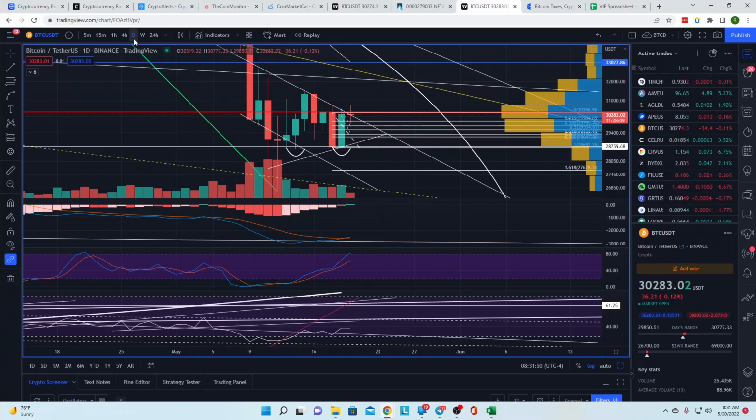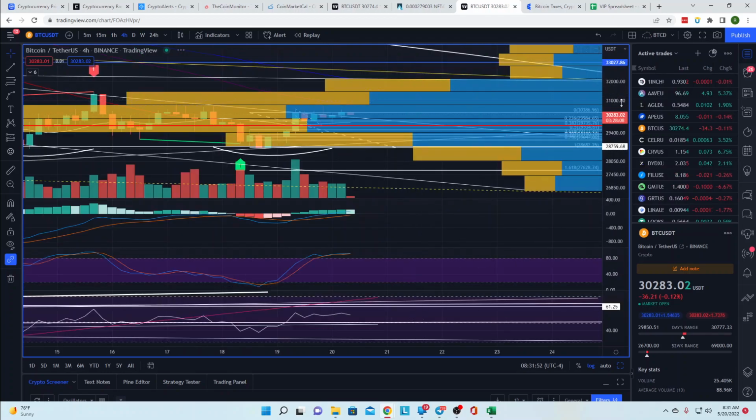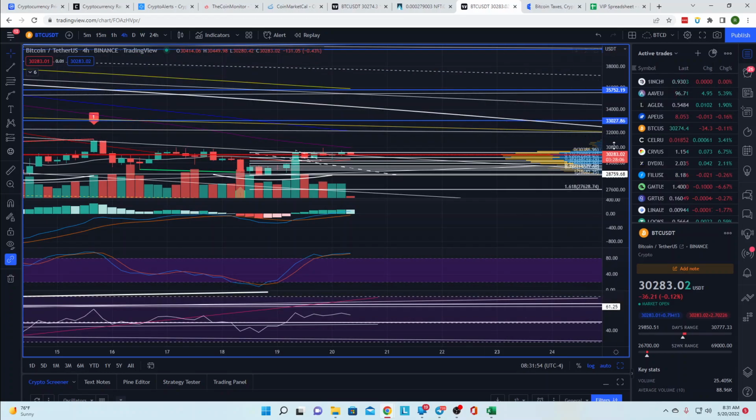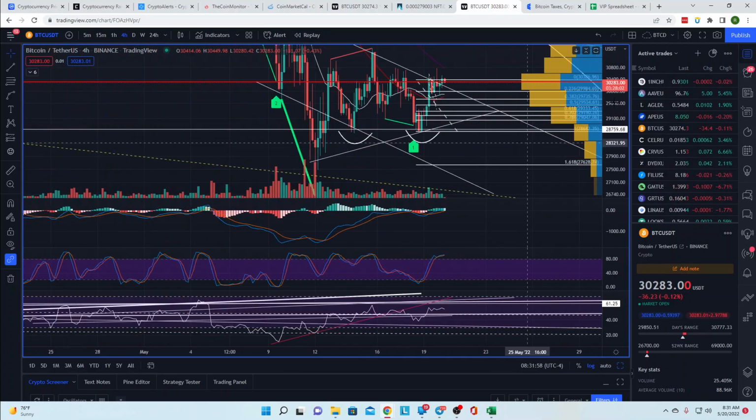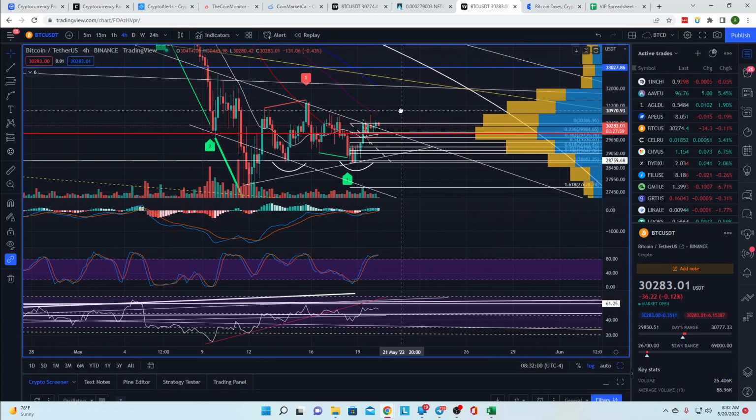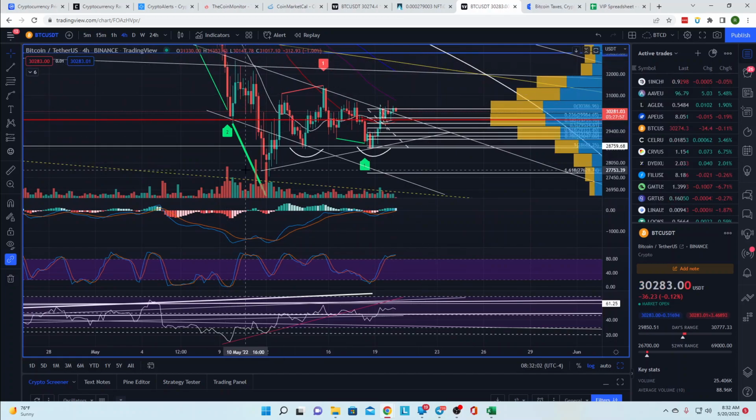Matter of fact, let's just zoom in on the pattern here. I think this will be more helpful to everybody. All right, so as far as what we've got going here, you can see this, I could call it a bear pennant. It could be a rising channel if I put a cap right here and put a line across. So we potentially have one of those few things going on.